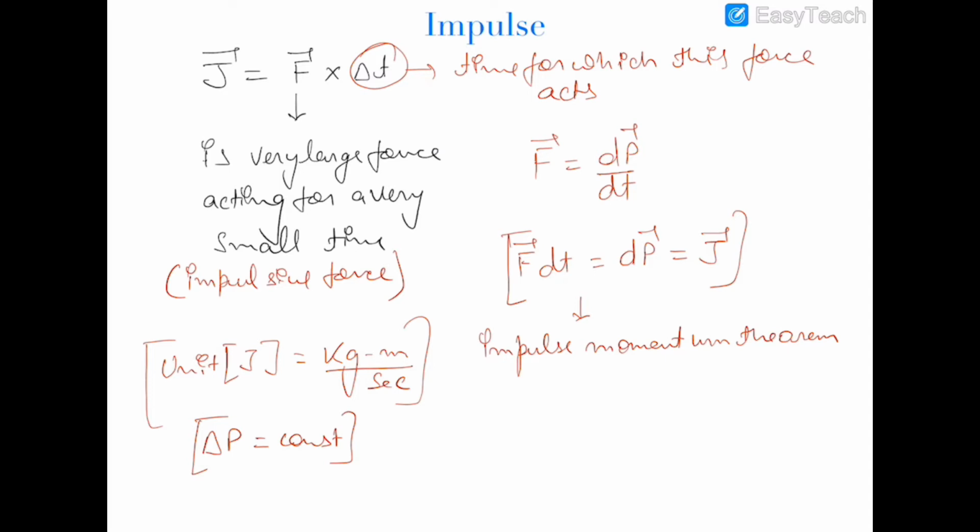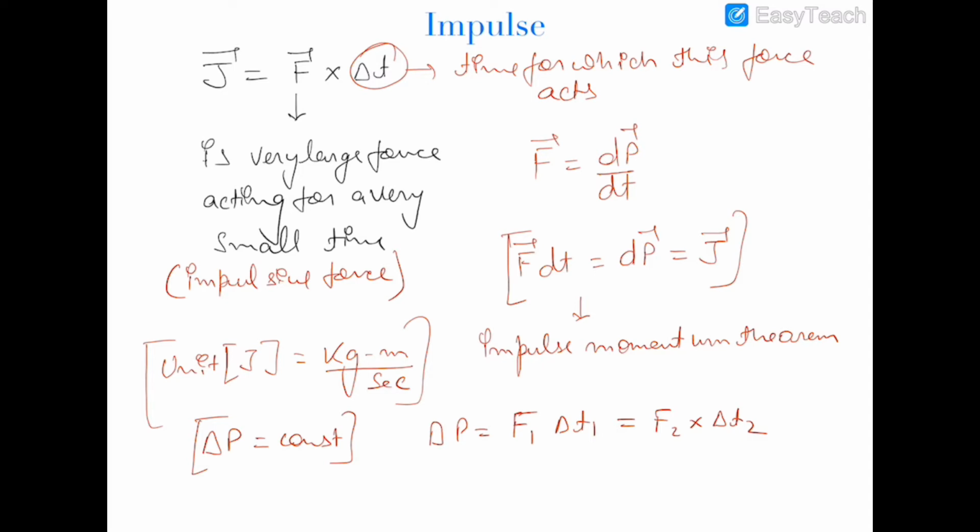But in the case when he catches the ball with his still hands, the time taken for this change of momentum of the ball is very small, and if that delta p is constant, it is equal to F1 into delta t1, and it is also equal to F2 into delta t2.